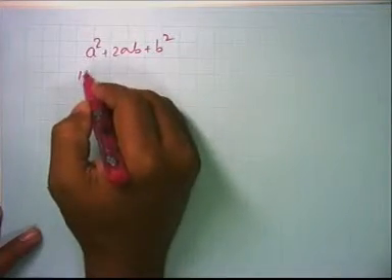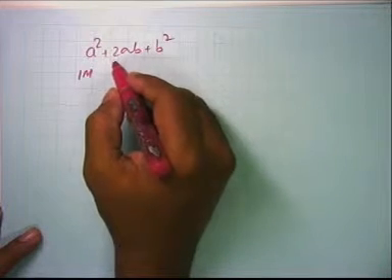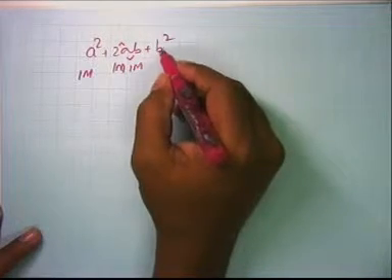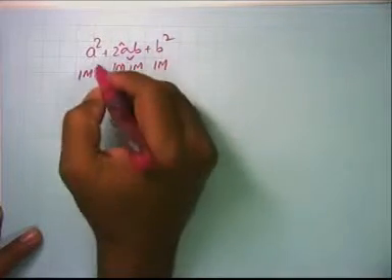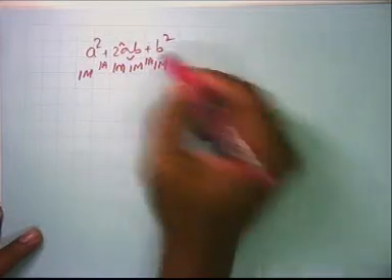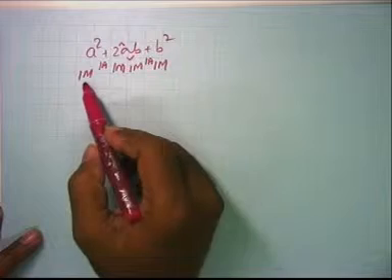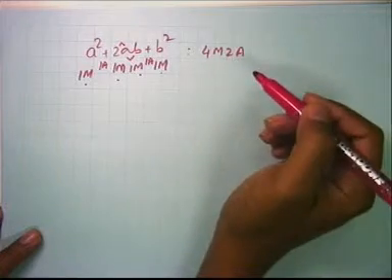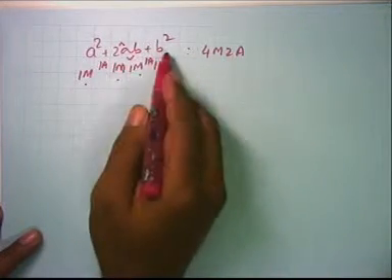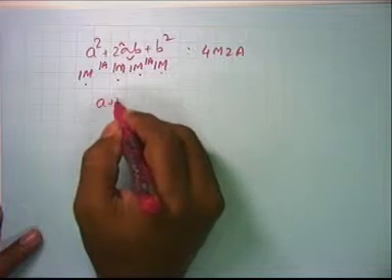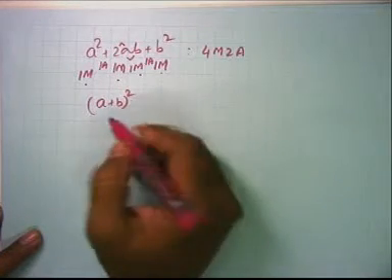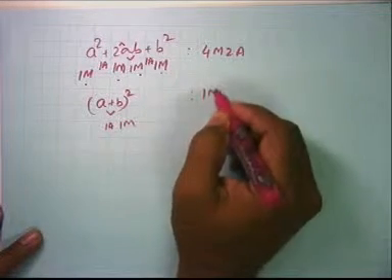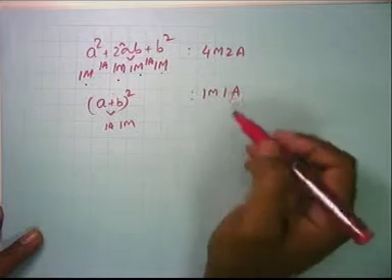This requires 1 multiplication between 2 and a, and between a and b another multiplication, this requires 1 multiplication, and there are 2 additions. So in total there are 4 multiplications and 2 additions. Instead, if I know that this is (a plus b) square, I need 1 addition here, and for the square I need 1 multiplication. So instead I need 1 multiplication and 1 addition. This is the way I am efficient.